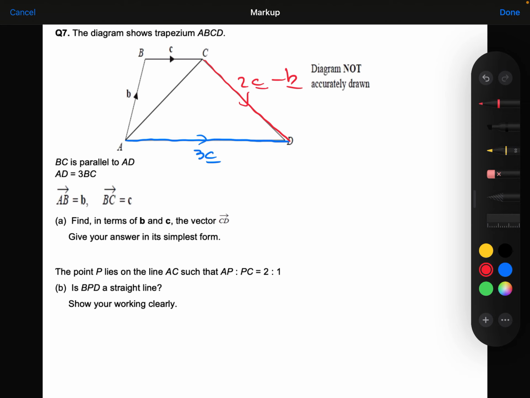Right, we're then told that the point P lies on the line AC, so P is somewhere on this line, such that AP to PC is 2 to 1. So P is going to be somewhere roughly about here, where A to P is 2 parts and P to C is 1 part.